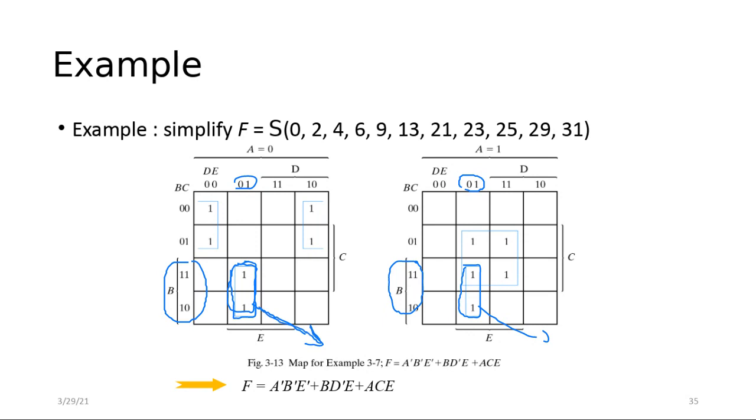What would be? It would be not A. Also B is not changing. Also C is changing, C 1 and 0. D is not changing, but it is 0, not D. And E is not changing also, it is 1.